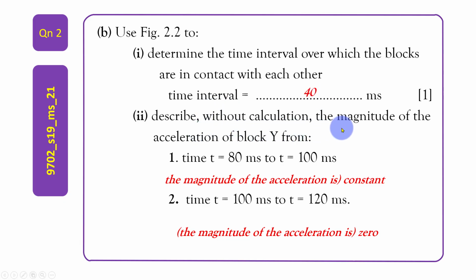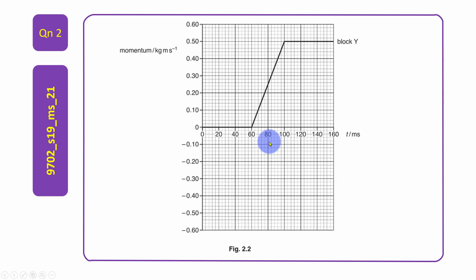Describe without a calculation the magnitude of the acceleration of block Y from the time t equals 80 to t equals 100 milliseconds. Again, here at 80 milliseconds, this is the momentum. At 100 milliseconds, this is the momentum.